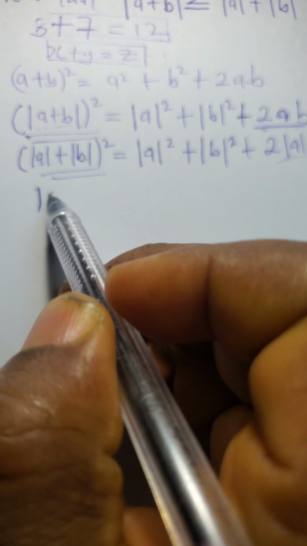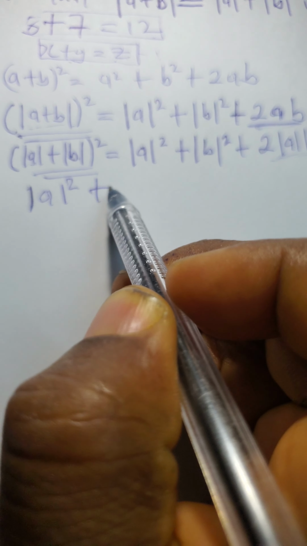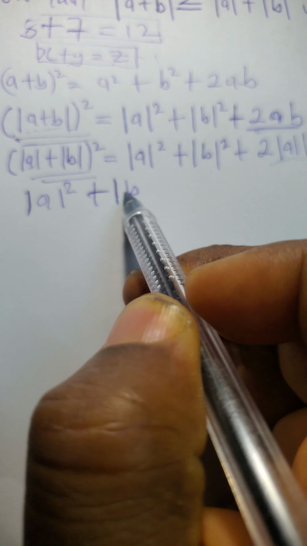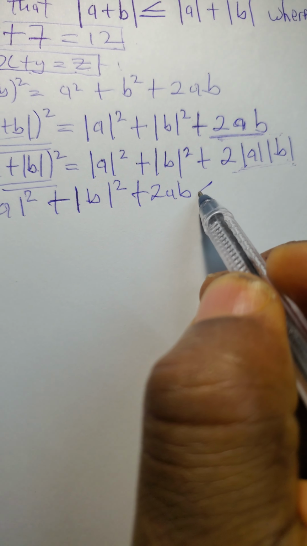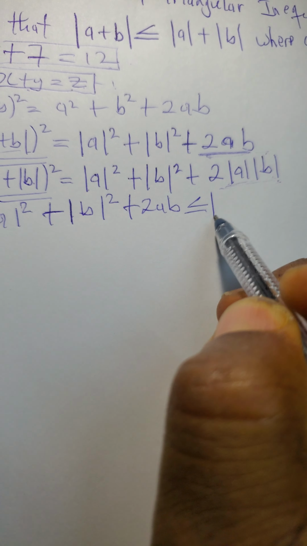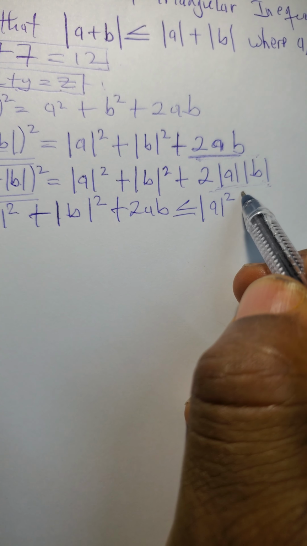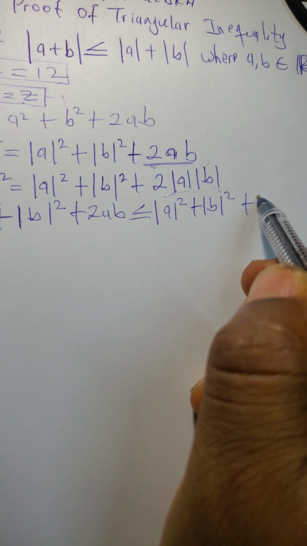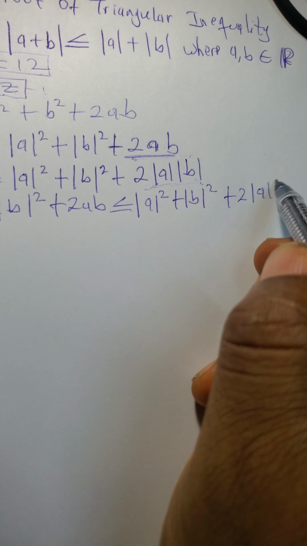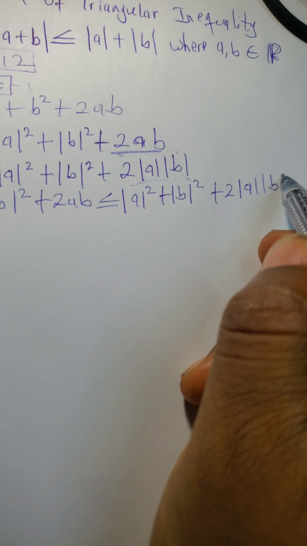So in a nutshell, I will write: absolute value of a square plus absolute value of b square plus 2ab will be less than or equal to absolute value of a square plus absolute value of b square plus 2 times absolute value of a times absolute value of b.